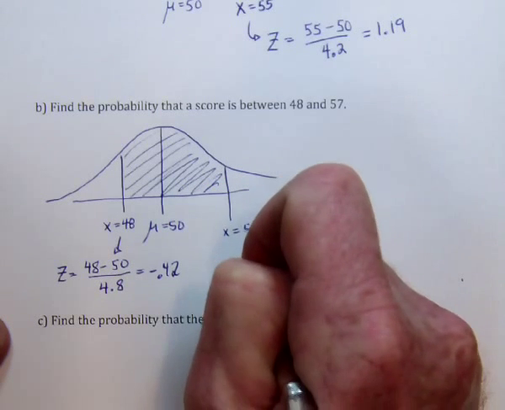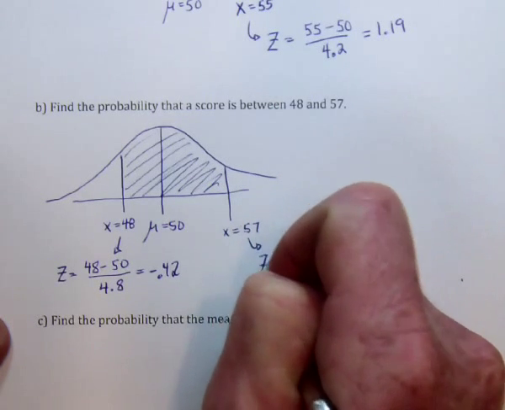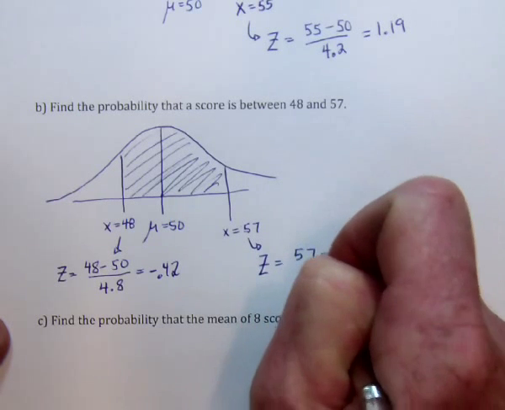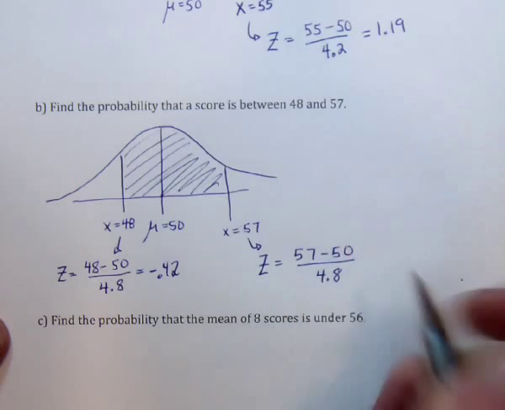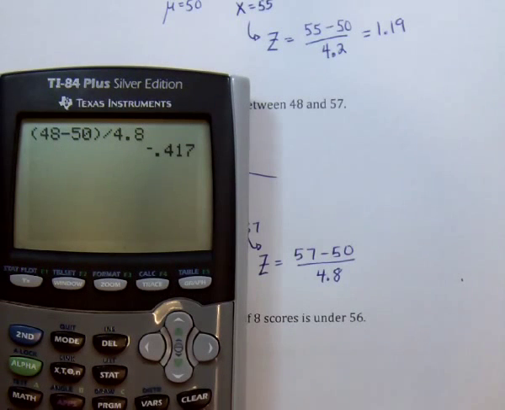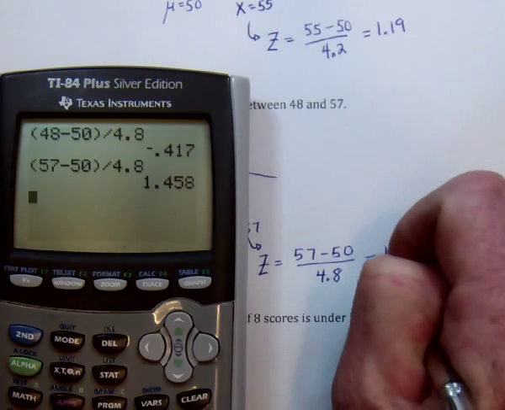And then we need to do the z-score for this one. So it's going to be 57 minus 50 divided by 4.2. And that, once we round it, is going to be 1.67.